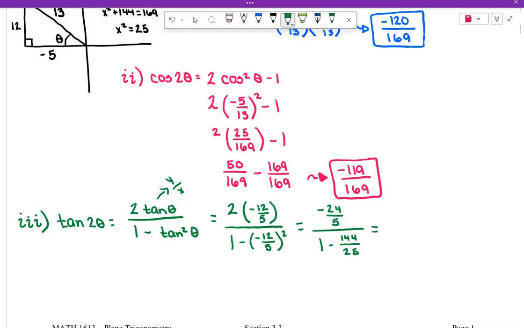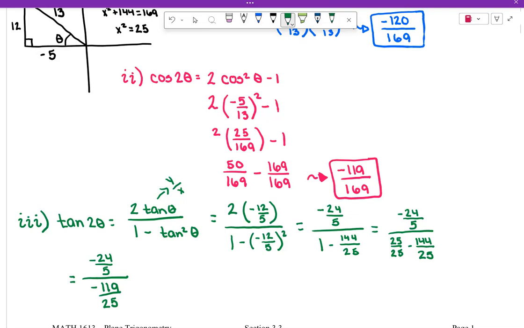And I'll just go ahead and rewrite the top. And then kind of like we did just a second ago with the 169 up here, we're going to make this 25 over 25 minus 144 over 25. And then we're going to bring that down here. And then 25 minus the 144 is a negative 119 over 25.